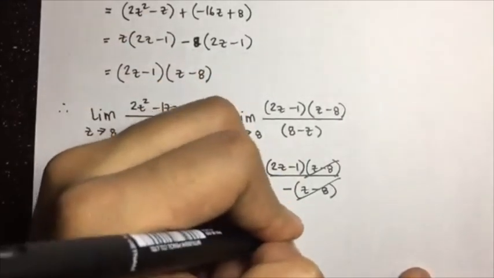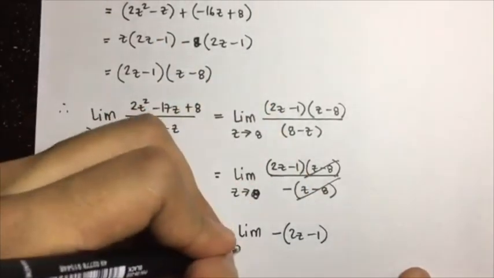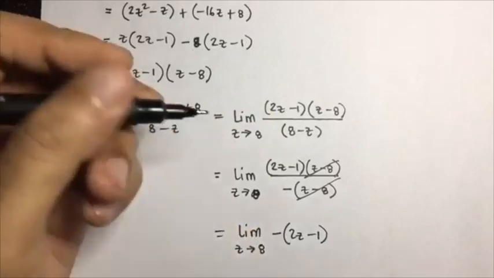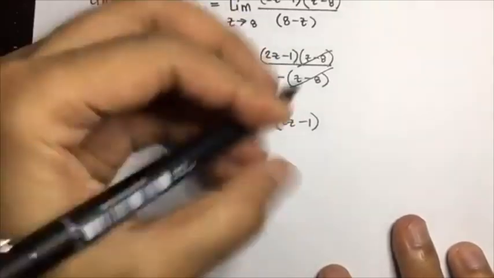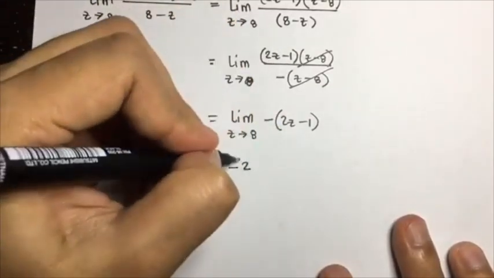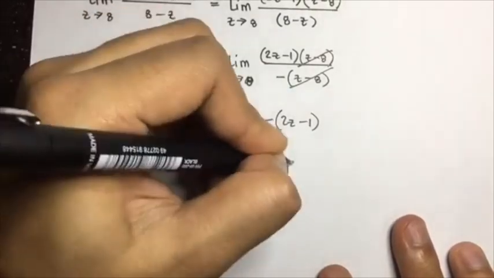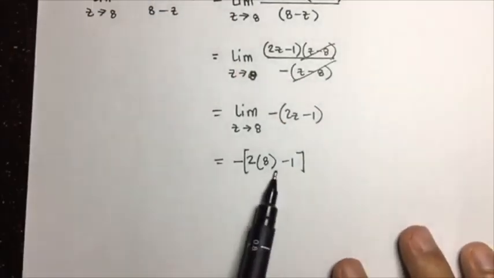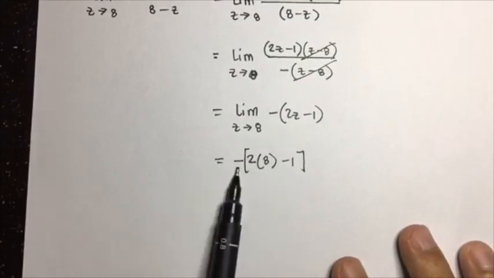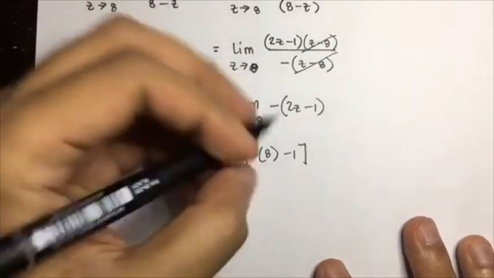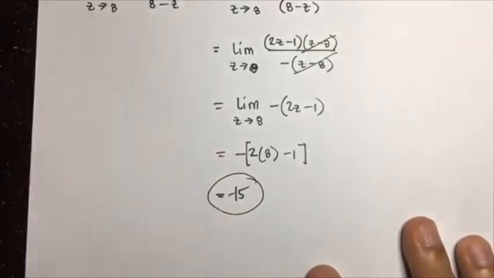What will remain is the limit of negative (2z minus 1) as z approaches 8. We can now substitute 8. This becomes negative (2 times 8 minus 1). 2 times 8 is 16, minus 1 is 15, and then the negative outside. Therefore, the value of the limit is negative 15.